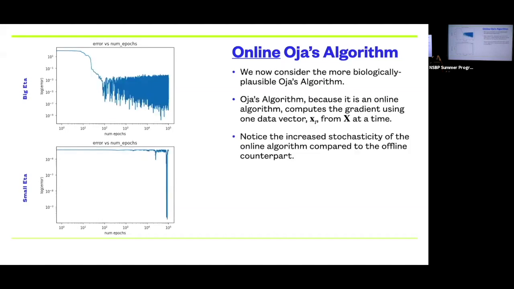Whereas here, it is an online algorithm, but we notice that it has more stochasticity and it takes in, like we said, one data input at a time. You'll see that the difference between the two plots is one of big eta, so it makes decisions very quickly, versus here with small eta, so the model learns relatively slowly.